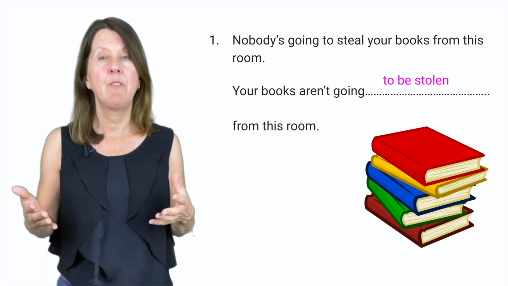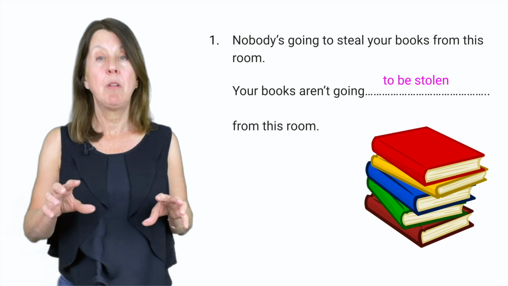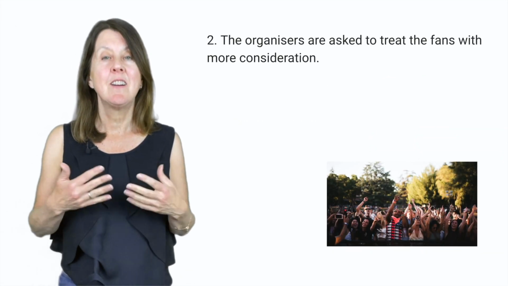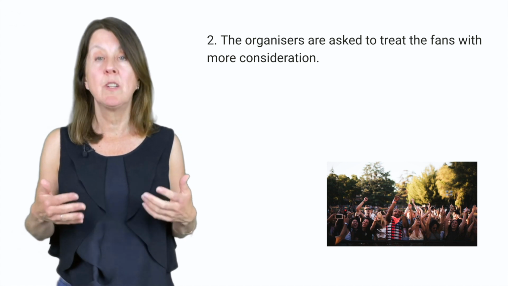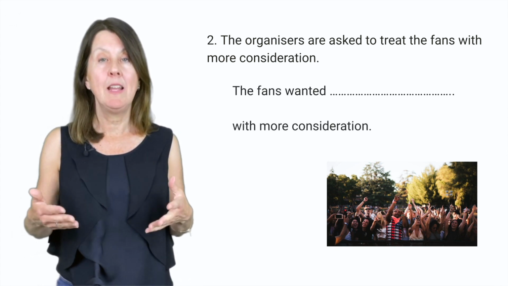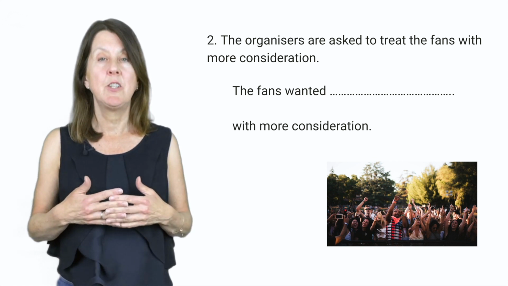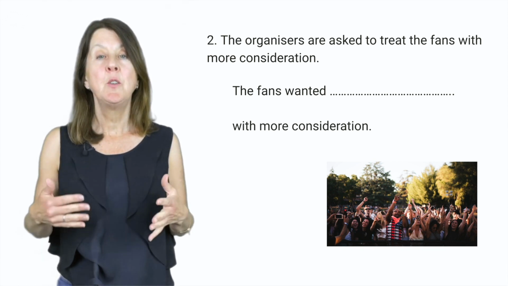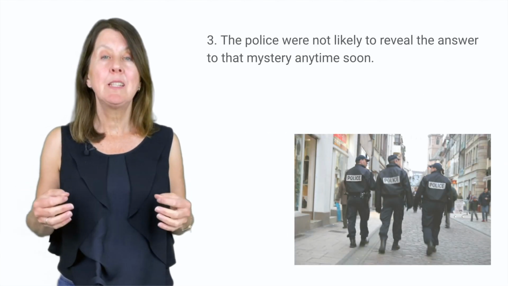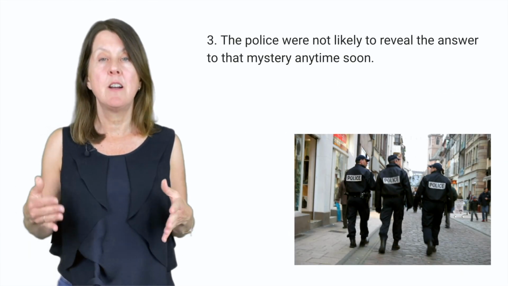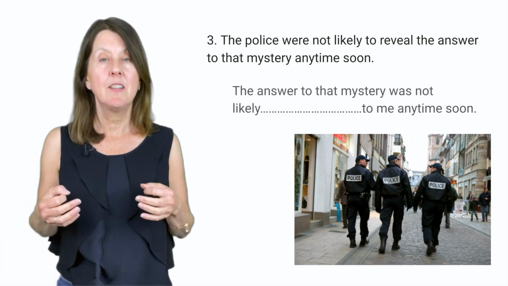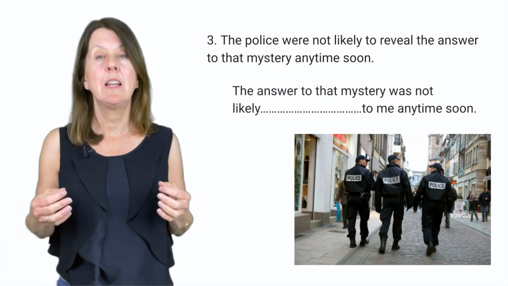Here, passive infinitive, to be plus the past participle. 2, the organisers are asked to treat the fans with more consideration. The fans wanted blank with more consideration. To be treated. 3, the police were not likely to reveal the answer to that mystery anytime soon. The answer to that mystery was not likely.